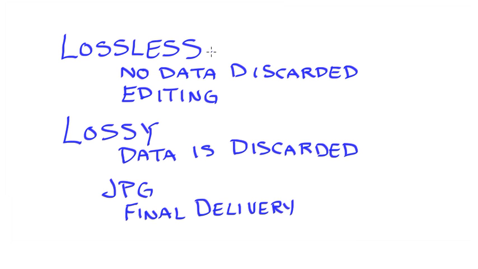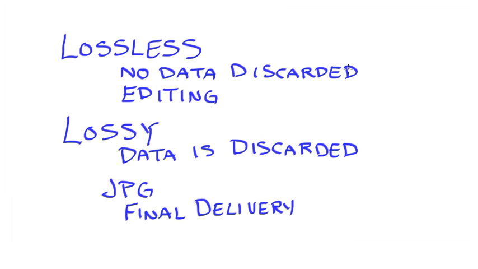Well, we don't want a real large image going on our web page. It takes longer to load, and it takes up more space than it needs to. So we'll save it as a JPEG, and that'll keep the file size very small, the image still reasonably good looking, and works well for that final delivery. So when we want to preserve the data, we save it in a lossless format, and then more than likely save it in some type of lossy format.